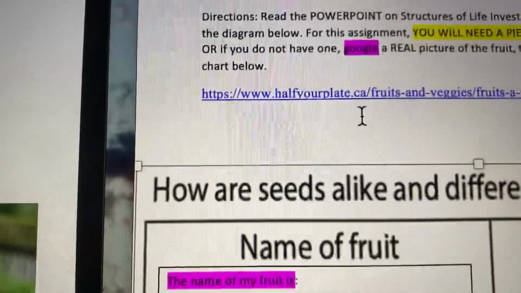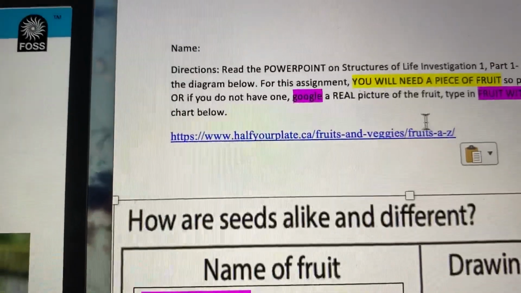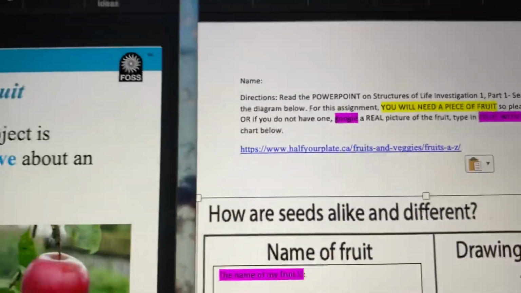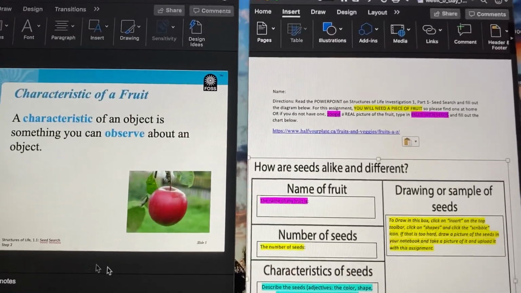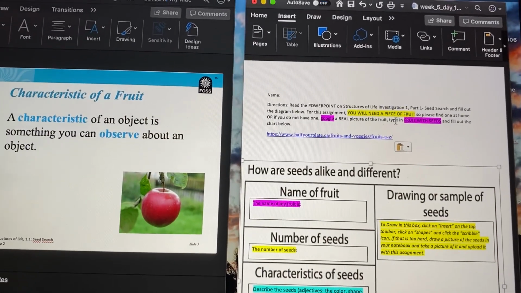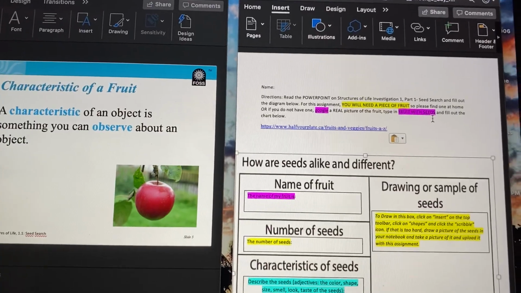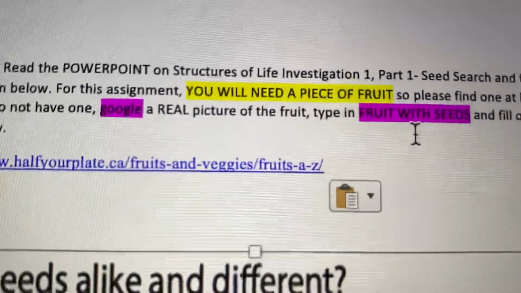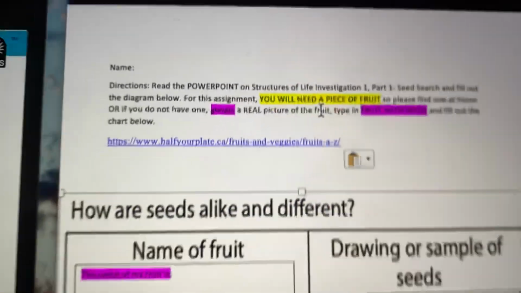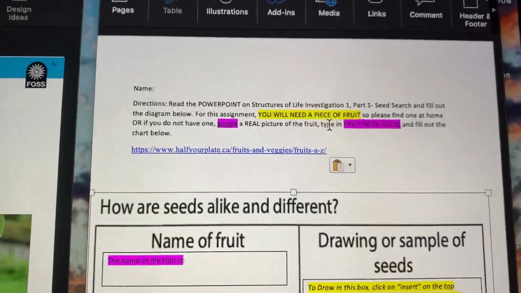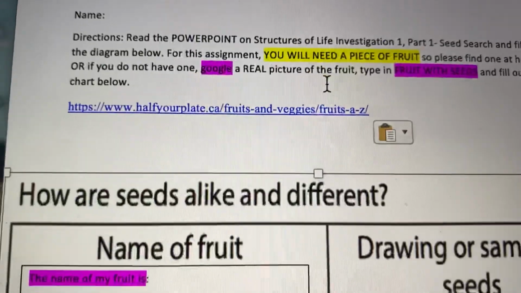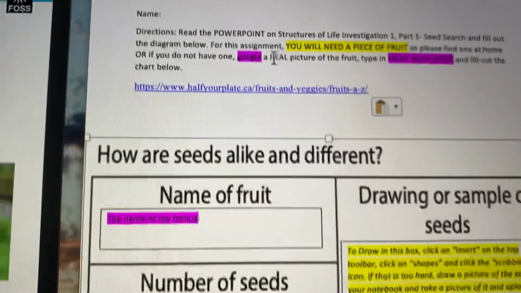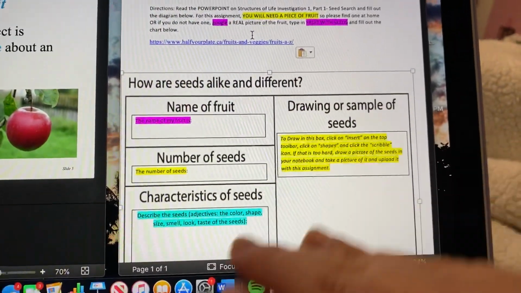And again, I have the link here for you guys if you forget what type of fruits. Again, I would recommend picking a fruit with seeds. It even says it in the directions here. Pick a fruit with seeds. It has it highlighted right here. Once again, boys and girls, if you do not have a fruit at home, Google a real picture of a fruit with seeds and then fill out everything that's here, okay?